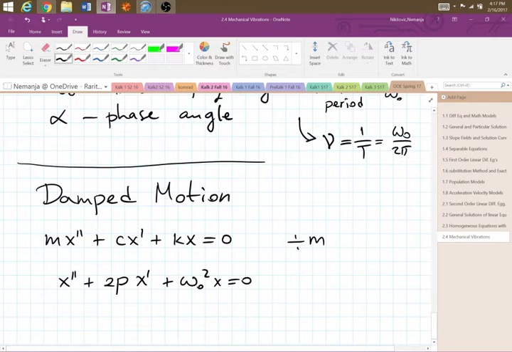So omega 0 is, again, the good old square root of k over m. And in this case, the 2p is c over m, which means that p is just c over 2m.